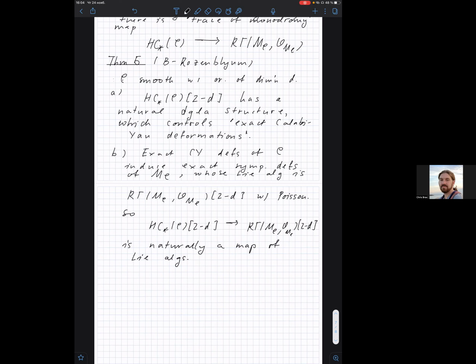You should look at local systems on the boundary and push them forward into the bulk. So that's a DG functor of induction of local systems. And there's a kind of relative orientation on that that corresponds to Lefschetz duality, which is like Poincare duality with boundary. So you can define a kind of abstract Lefschetz duality in terms of Hochschild homology and cohomology. And then everything works out nicely.